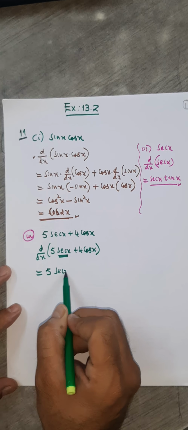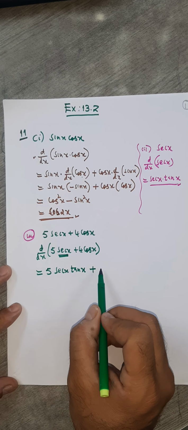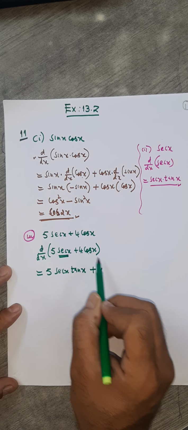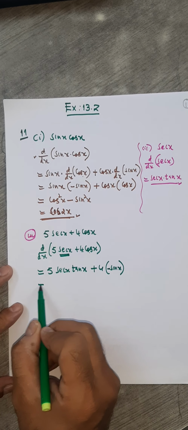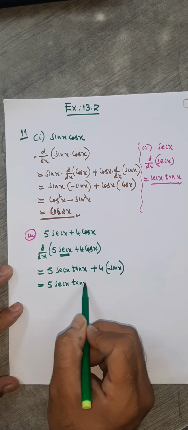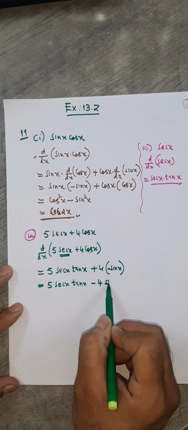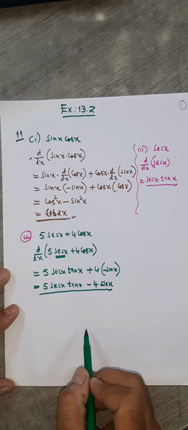What is that? Sec x into tan x. Very simple question. Plus 4 being constant as it is. What's the derivative of cos? It is minus sin. So finally we are getting 5 into sec x into tan x minus 4 times sin x. This is required derivative.